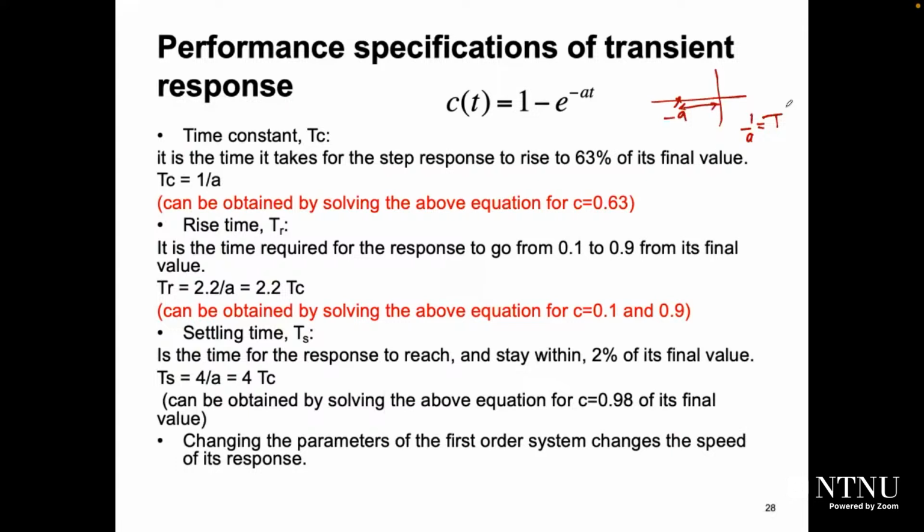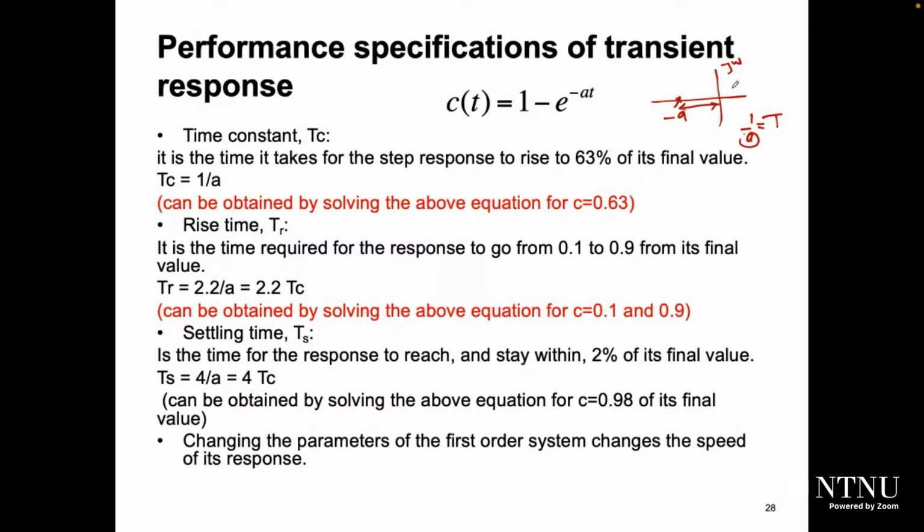Which means that when you are closer to the j omega axis, a will be smaller. When a is small, T will be large, right?